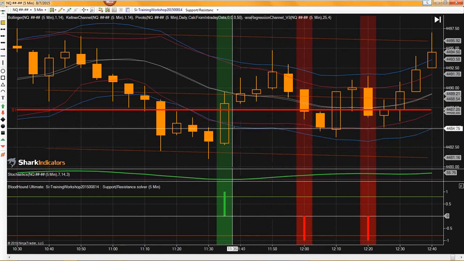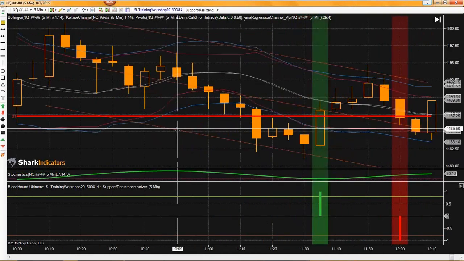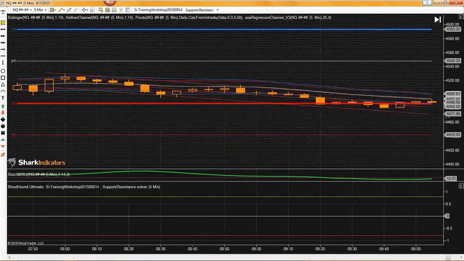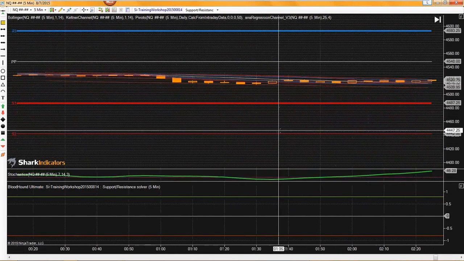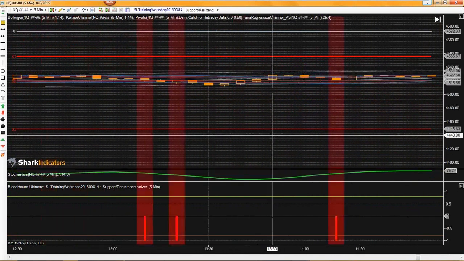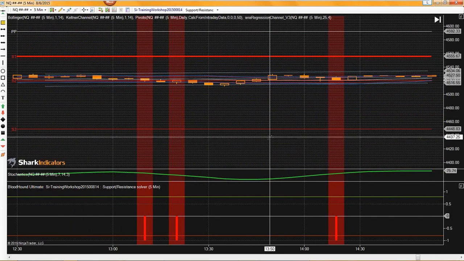This worked out particularly well, but I just need to scan through the chart and look for some other situations.